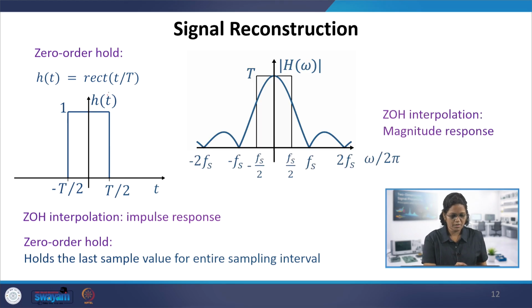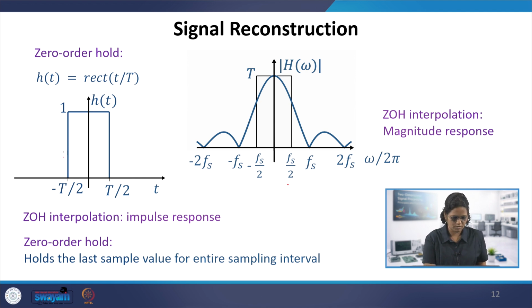If the impulse response is a rectangular function, what should be the Fourier transform representation? H of omega magnitude is a sinc function, with fs by 2, fs, 2 fs, and minus fs here.